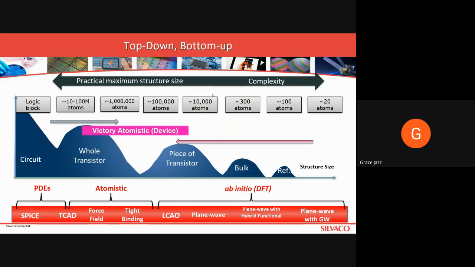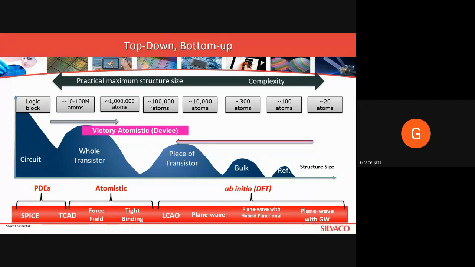Next, I will introduce our atomistic tool called Victory Atomistic. When your device becomes smaller, it may only have over 10,000 atoms. Then you can use Victory Atomistic to do atomistic simulation.